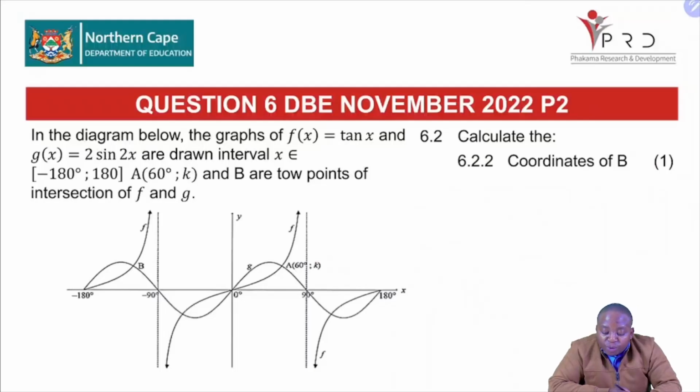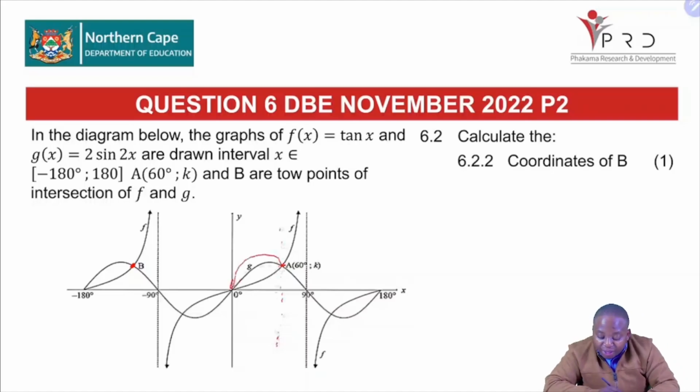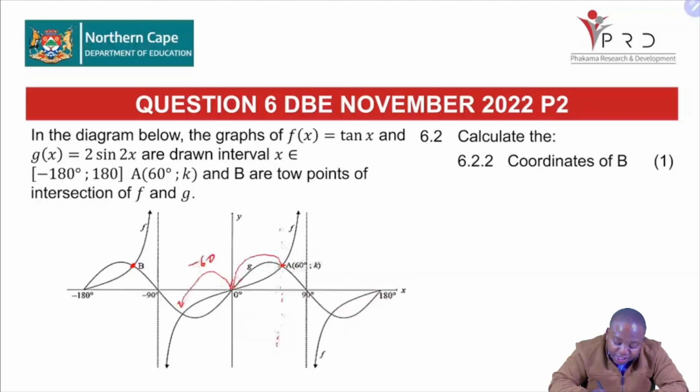Now, look at 6.2. On 6.2, we are now supposed to find the coordinates of P. Where is P? It's another coordinate of the intersection right here. So if I work with symmetry on the same intersection, I go back from A, looking at the x-axis alone, to 0, which is the 60, and I skip again with the 60, which is negative 60.